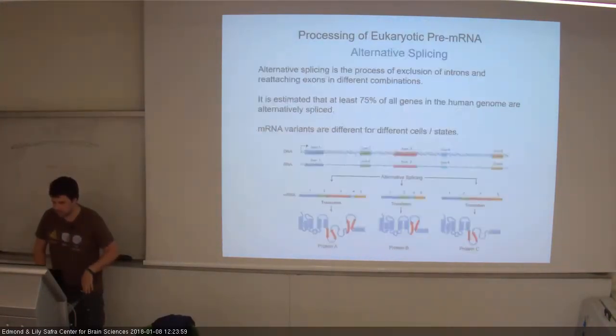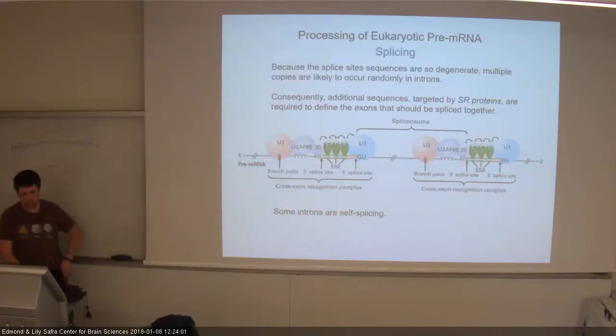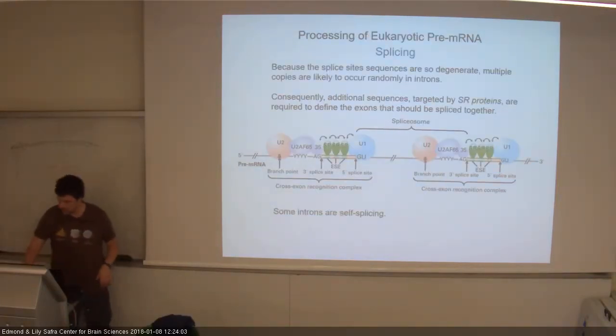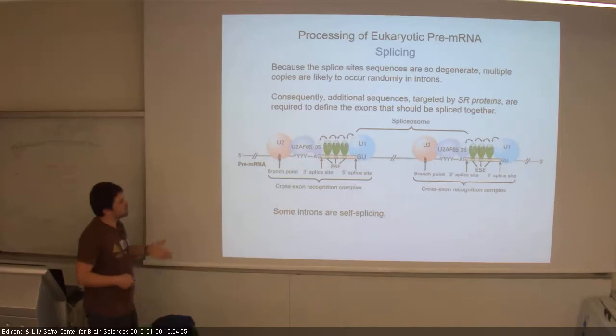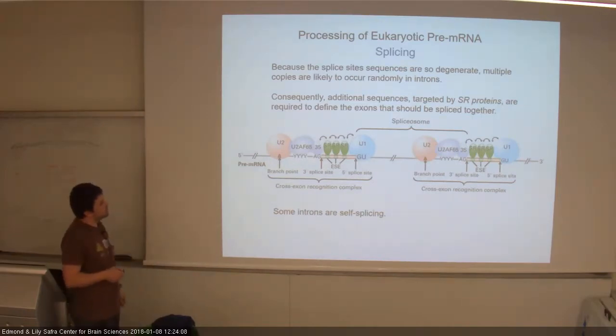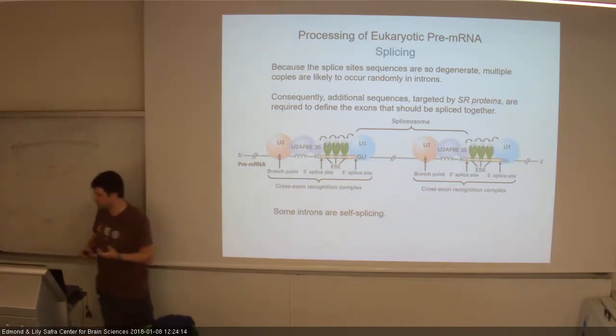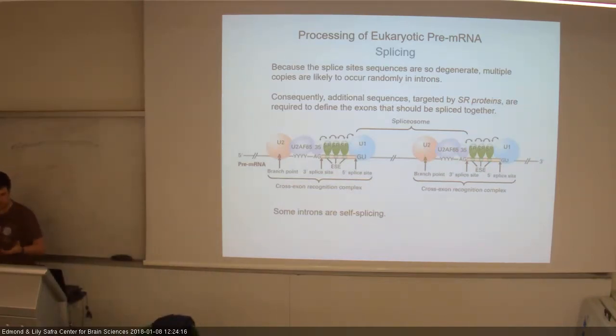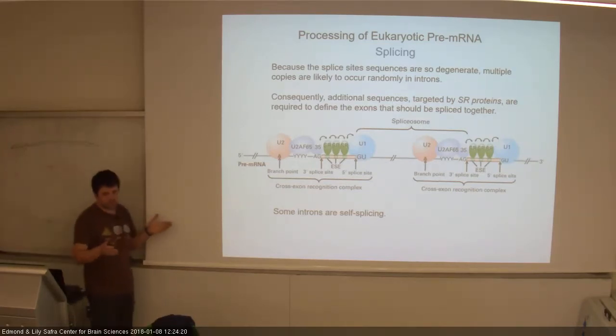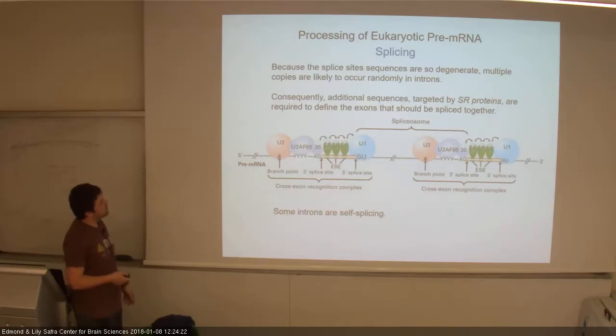Okay, so for example, one of the things that I told you is that because this consensus sequence is not very specific, it's a little redundant, and when we think about introns that are very large in size, you can have these sequences occurring randomly along the segment of the intron.